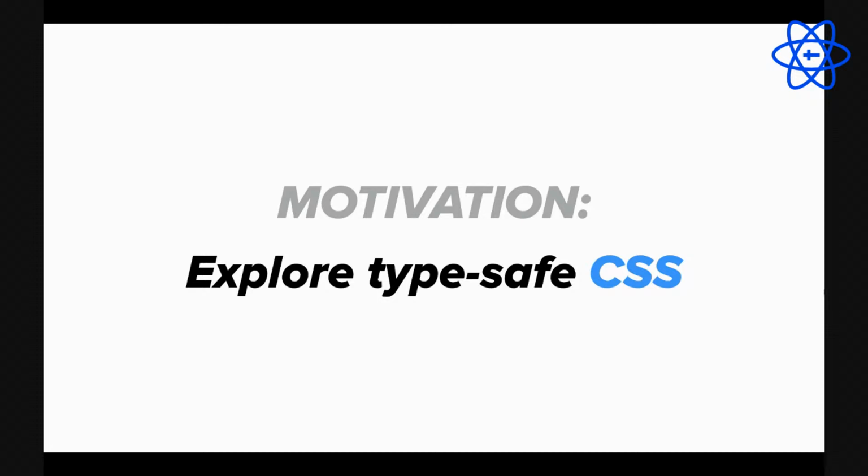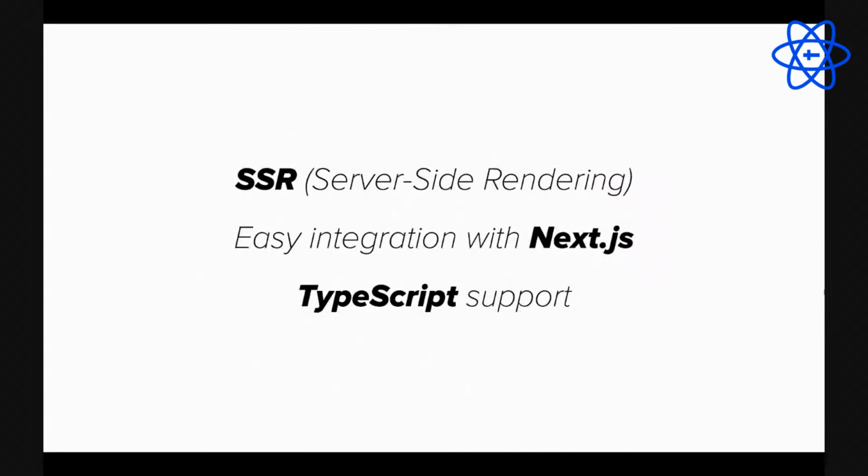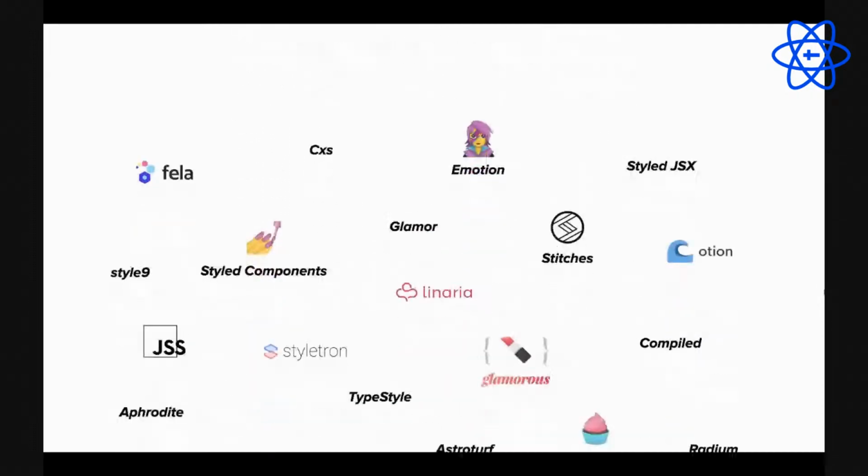This is why I explored all these CSS-in-JS solutions to find a way to write type safe CSS. We were particularly looking for libraries that support server-side rendering, and being able to easily integrate with Next.js. And of course, we were looking for full TypeScript support.